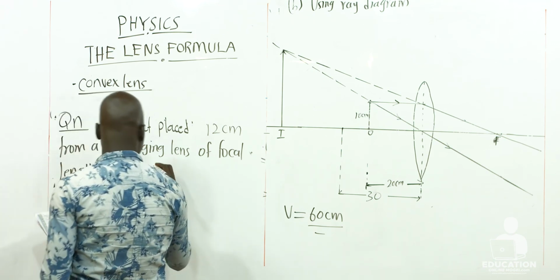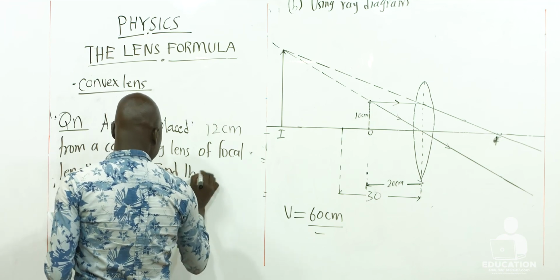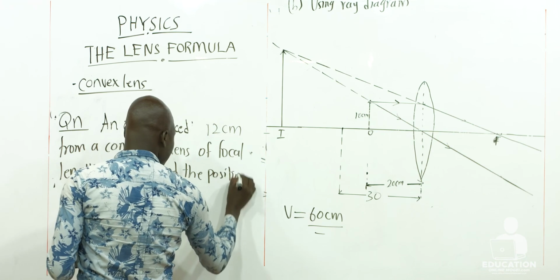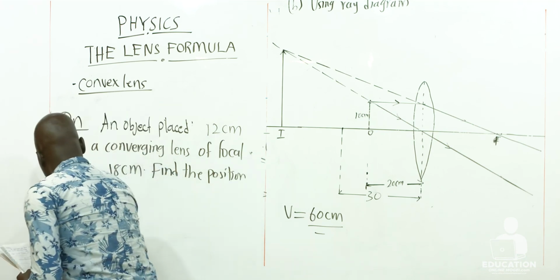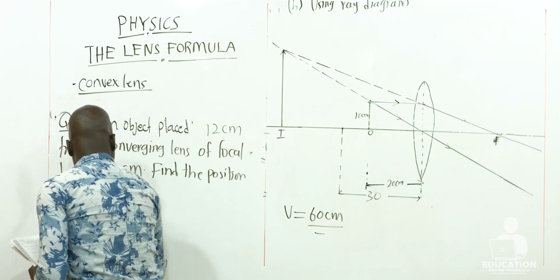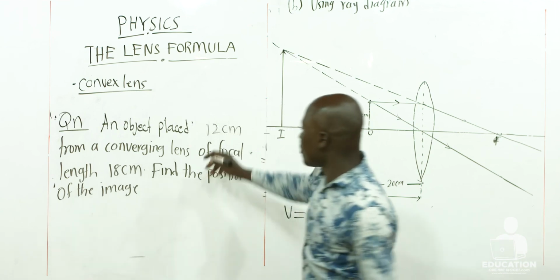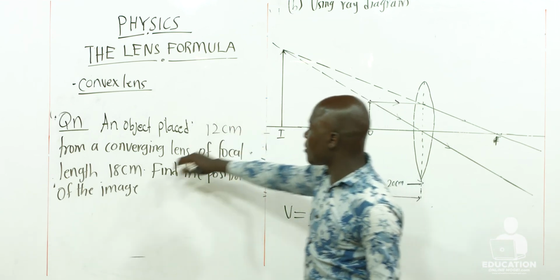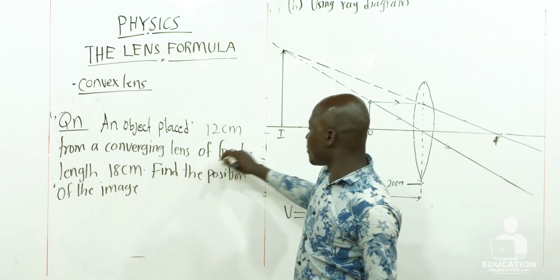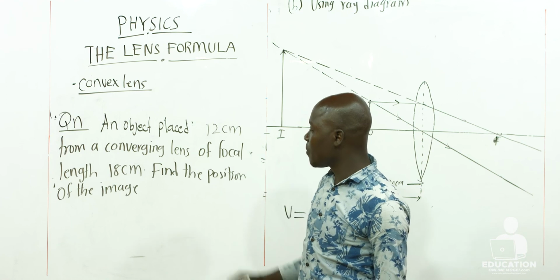Find the position of the image. So this is how a question can be set.